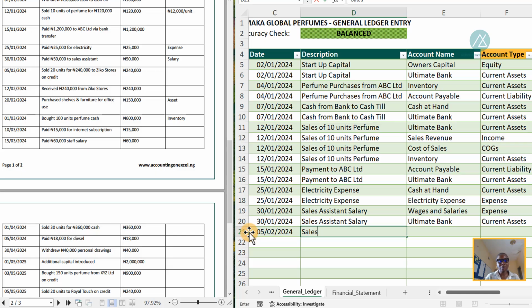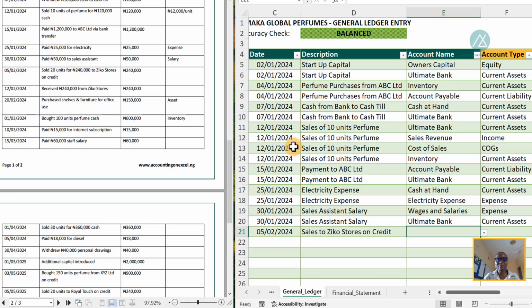So this is sales on credit, right? If you're making sales on credit, mind you, your account receivable will be impacted, your sales will be impacted, cost of goods sold will be impacted, and also your inventory will be impacted because remember the first sales we made was cash sales and all these accounts were impacted, right?